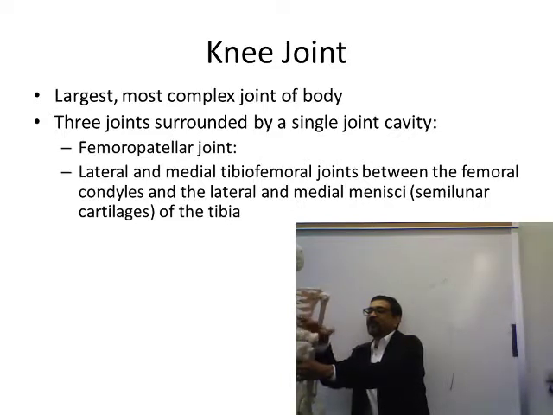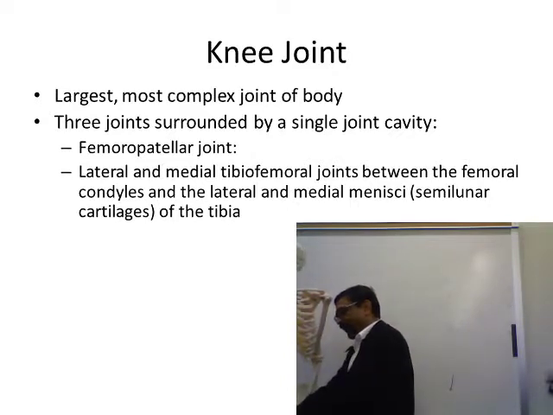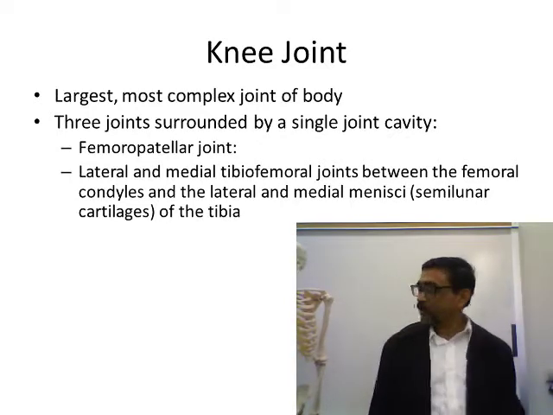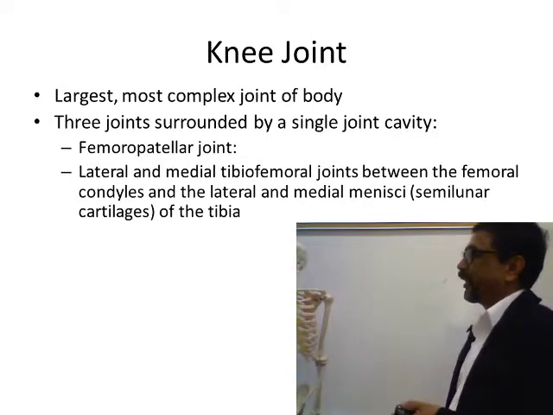So these 2 condyles articulate with these 2 condyles. So these are 2 separate joints between femur and tibia. And another joint is the patella, which articulates with the patellar surface at the lower end of the femur. So this is another joint. So those 3 joints are within the knee joint.